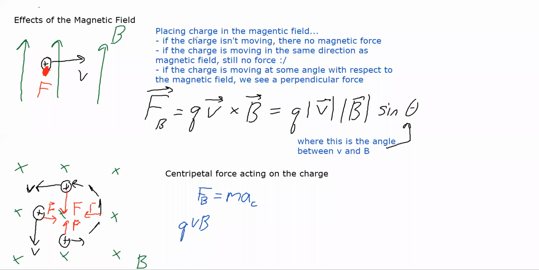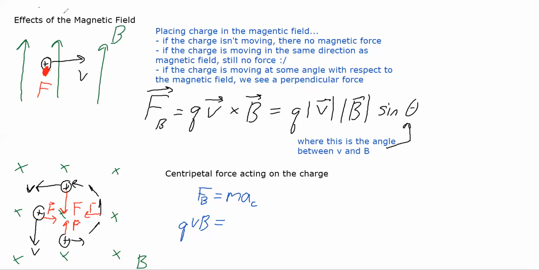The angle between velocity and magnetic field. Yeah, it's just 90. All right, so if we're just looking at 90, sine 90 just becomes 1. So if you're wondering what happened to my sine over here, well, this is sine 90, and sine 90 goes to 1. So I just need the QVB. So QVB equals MA. Oh, it's not negative.